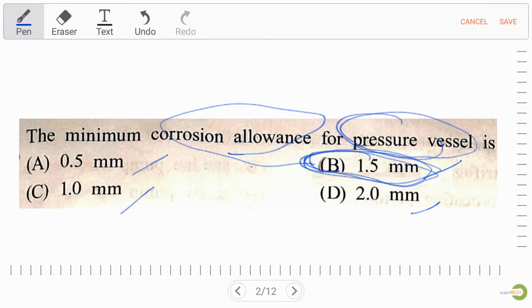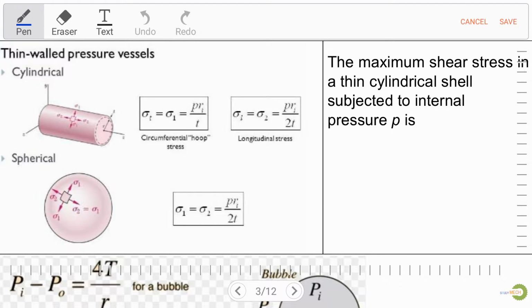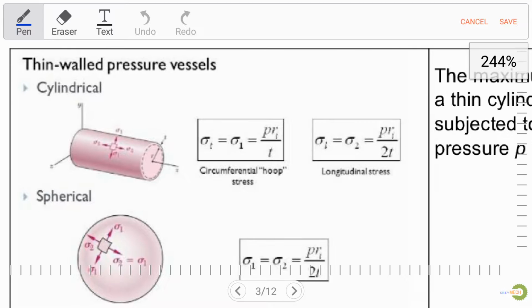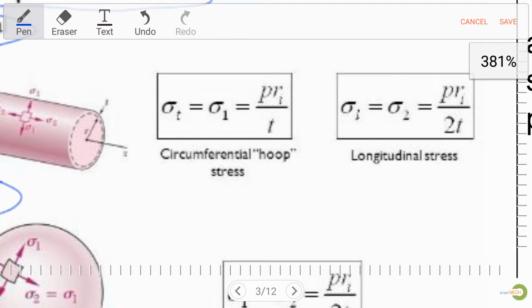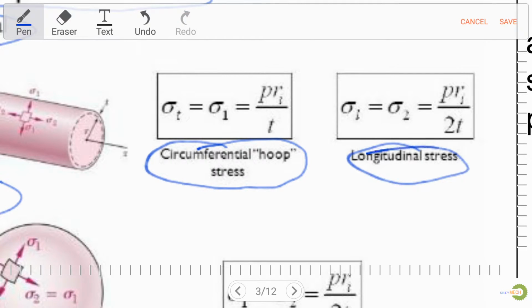Now let's discuss hoop stress and longitudinal stress for vessels, so we have some clear idea. In this diagram, in this figure, we have cylindrical and spherical shapes for thin wall pressure vessel. So let's discuss circumferential or hoop stress and longitudinal stress.